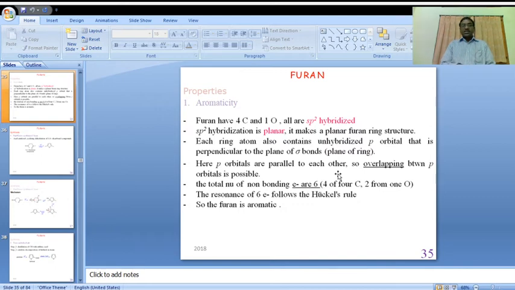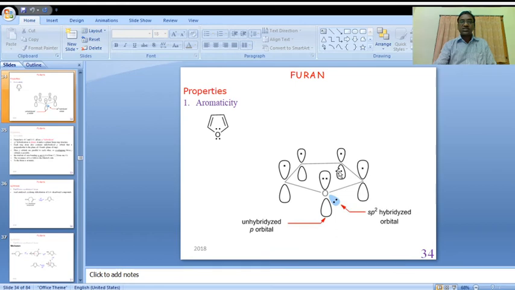In this ring, each ring atom also contains an unhybridized p orbital. That unhybridized p orbital is perpendicular to the plane of the sigma bonds. Please observe in the structure.